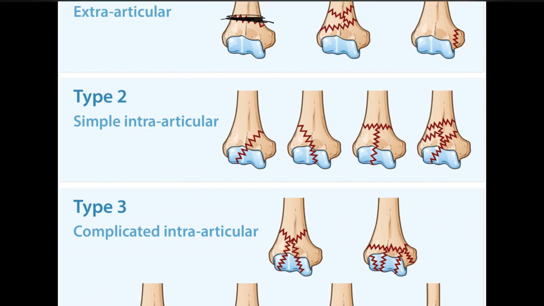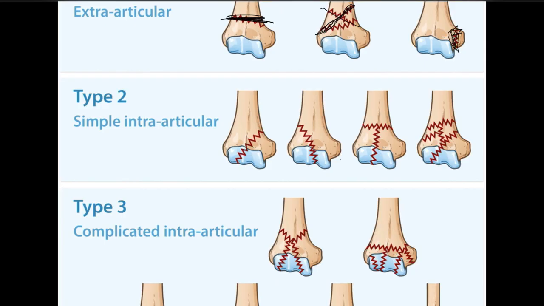in the distal part like this, then we can tell this is an extra-articular fracture. If any fracture happened in the distal part, we can tell that is type 1 extra-articular, and this also on the lateral side.